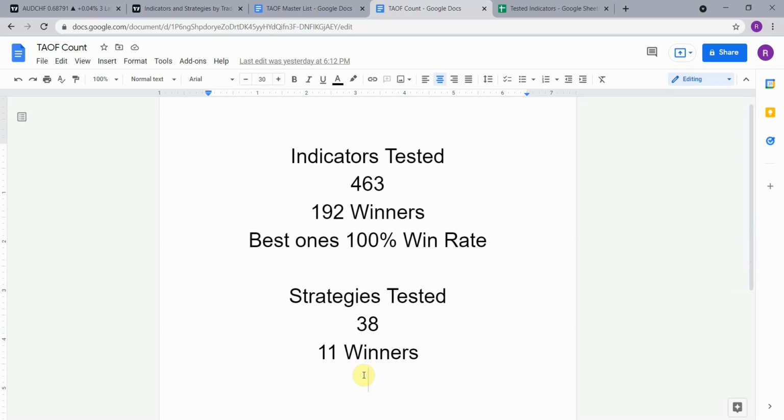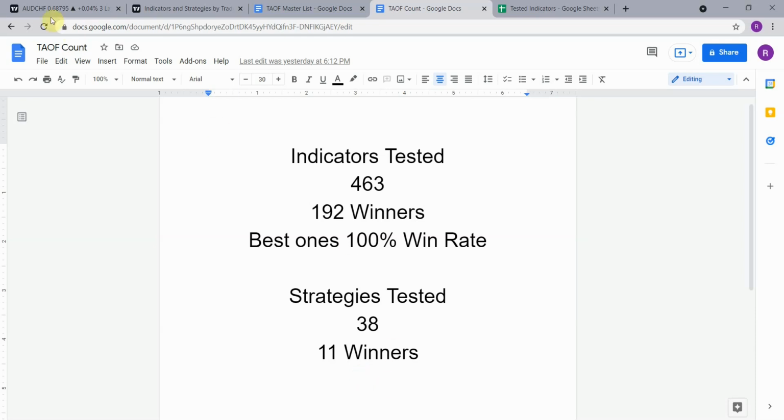We've also tested a total of 463 indicators, with 192 of them being winners. The best ones so far were able to achieve a 100% win rate. Now you need to go back and watch those videos to understand the context of how they were able to achieve that. So go back and watch those videos and see what you can get out of those winning indicators.